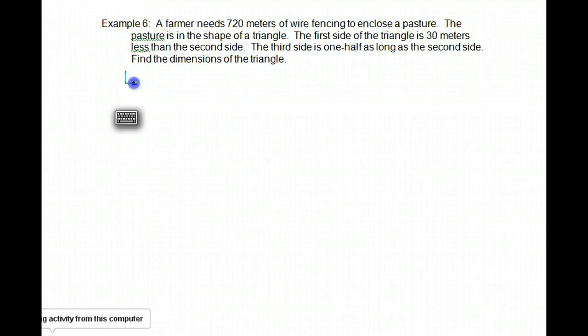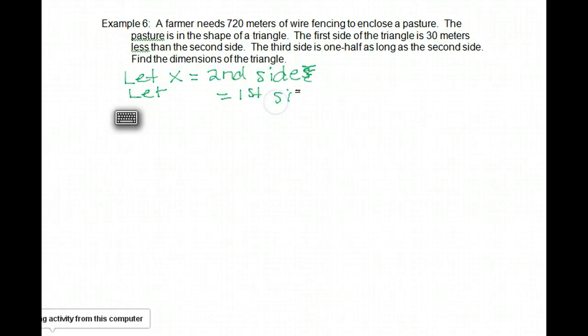What you should have concluded is that our starting point is the length of the second side, because both of the other two sides are based off of that second side. So we're going to go ahead and let x equal the second side, and then we can write let statements that represent the first side and the third side.